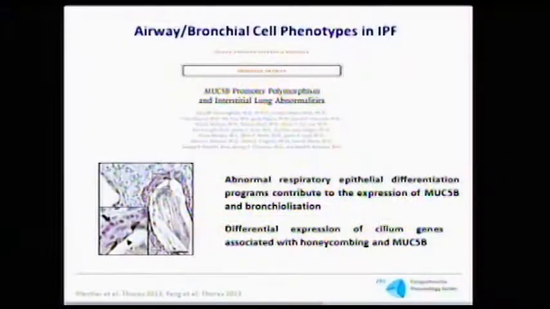This is a very nice study from Bruno Castagnier. And then a second one, also from the Denver group, showed that if you look at ciliated genes, which we have in our bronchial and small airway, and you try to subtype IPF, you see that you really have a subtype where you have ciliated genes differentially regulated, and that these correlate to honeycombing, which is also a very profound sign of IPF.